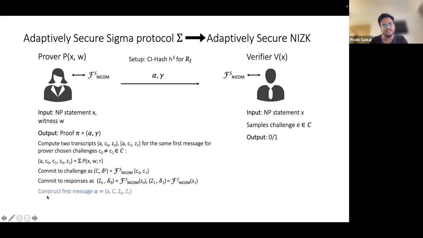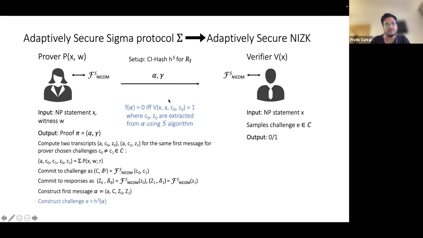Then it considers the first message alpha as A and the three commitments, and then it constructs a challenge by invoking the hash function on alpha. So the hash function is a CI hash for the relation R_F, where F is the function where F of alpha is equal to 0 if and only if the verifier algorithm on A, C0 and Z0 is equal to 1, where these C0 and Z0 are extracted from alpha, that is from capital C and Z0, using the simulator algorithm of the commitment scheme.